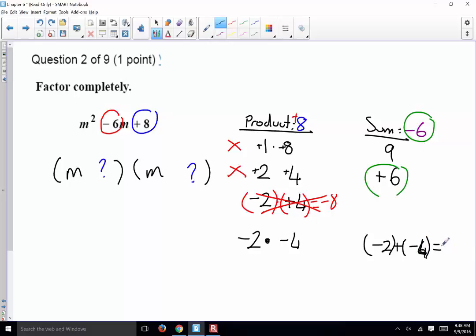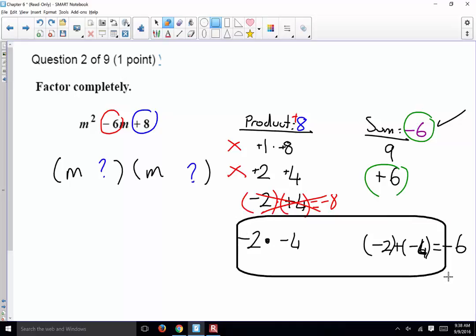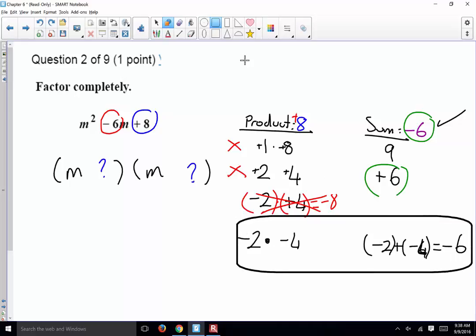It's -6. Does that match? Yes. So mark this. You caught the right pair right here. This is your answer. I'm going to go back and put -2 where? Anywhere you wish. It can be first or second. And in the second one, put -4. Okay?